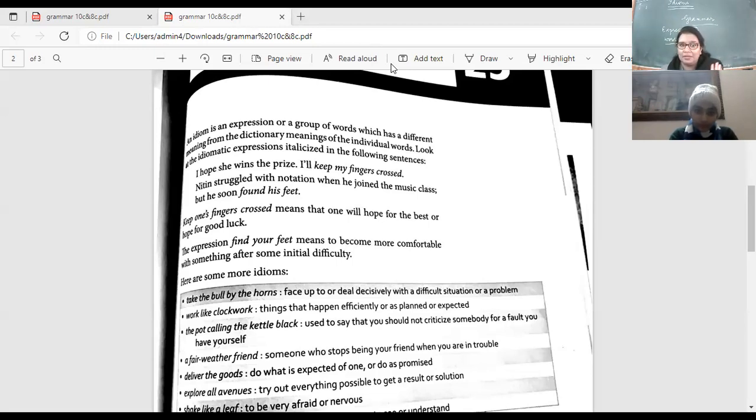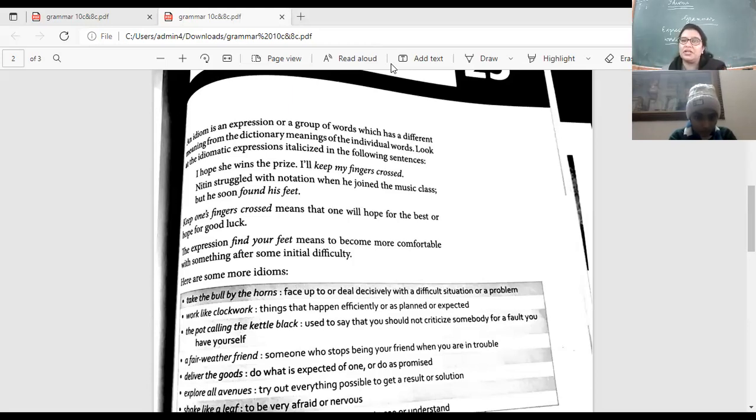Now look here, there's another idiom: found his feet. Where had his feet disappeared? They were not visible, it was too foggy, cloudy. What had happened? Where did he find his feet? So what does it mean? It means to become comfortable.